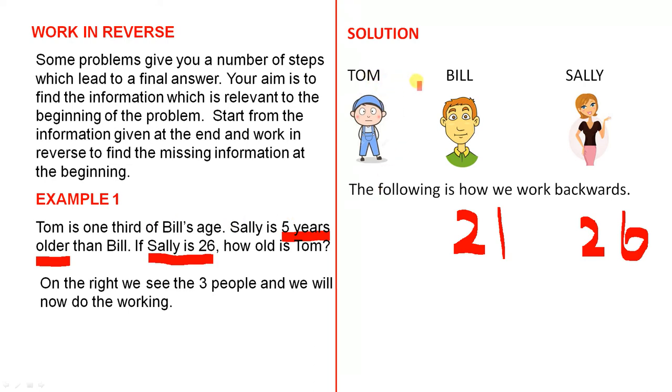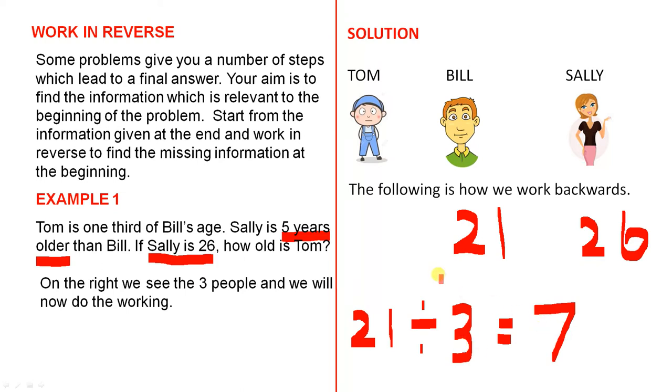So Tom is 1/3 of 21. So 21 divided by 3 equals 7, because 3 sevens are 21. In other words, Tom is 7 years old. So there's a perfect example of how we can work backwards to solve a problem.